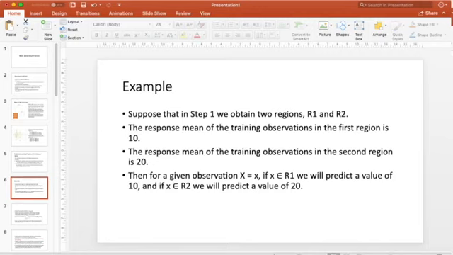Suppose the response mean of the training observations in the first region is 10, and the response mean for the training observations in the second region is 20. So for any given observation, if x belongs to the first region, we would predict that the value for this x is equal to 10. And if it belongs to the second region, we would predict the value of 20.